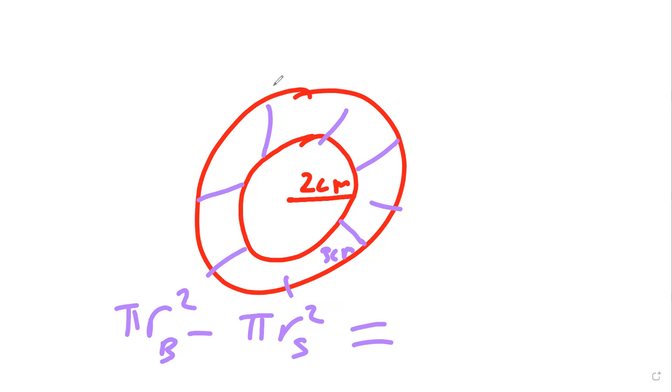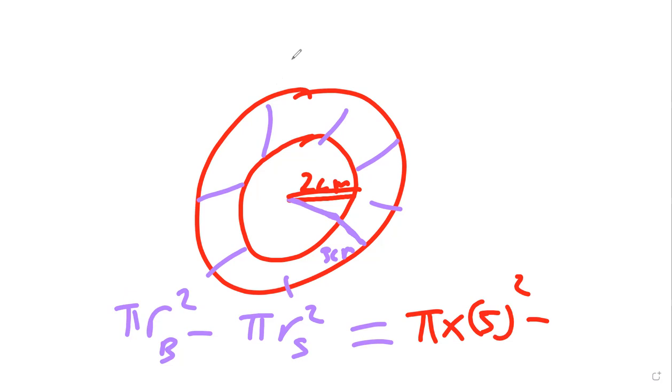So what is my radius for my bigger circle? If you look at this, all the radii would be the same in the smaller circle. So if here to here is 2, and I extended 3 more centimeters, that would be 5 centimeters. Writing the information for the bigger circle, I would have pi, remember we're writing pi in our answer, pi times the bigger radius, 5 centimeters squared, minus the smaller circle.